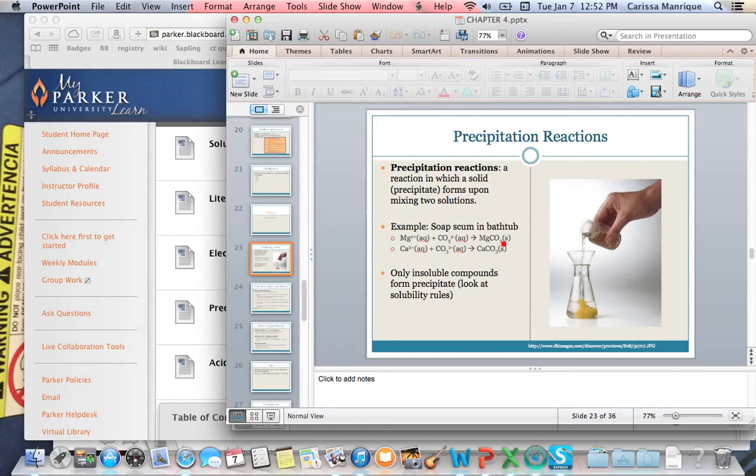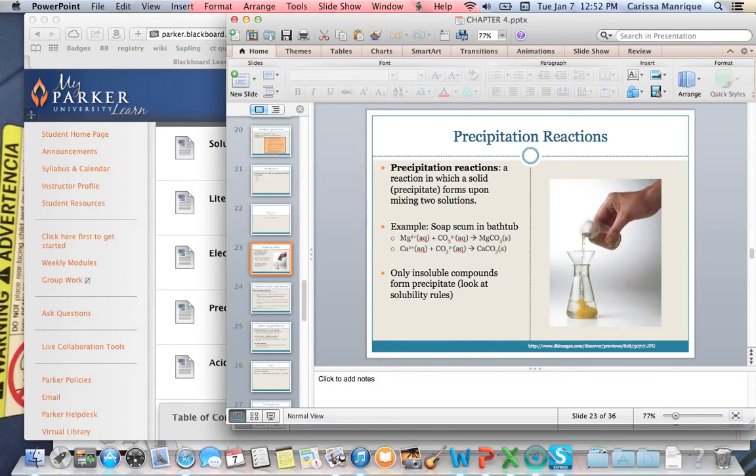So according to my rules, this is insoluble. So if it's insoluble, that means it does not dissolve, so it'll stay as a solid in water. And that solid is called a precipitate, okay? So that's a precipitation reaction, okay? When you mix the two things together, it forms a solid because it's insoluble, and that's a precipitation reaction.